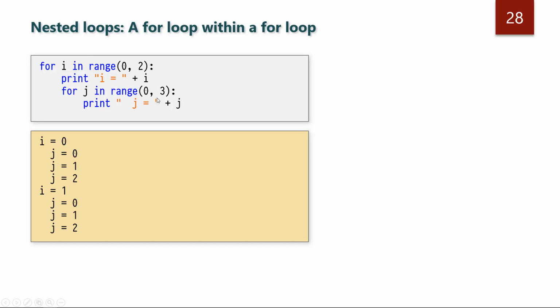All right, and now the loop goes back to I again, and I will be 1. So that's why we have I being 1 printed out, and then J will do the same stuff. You see the correlation between the code and the output.